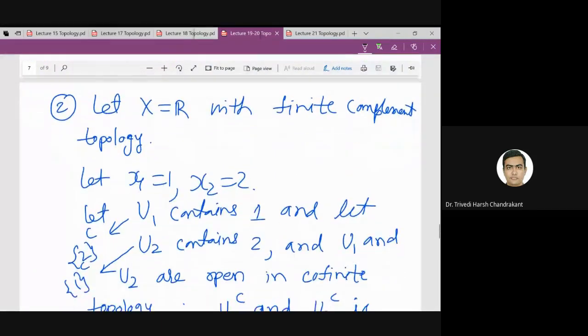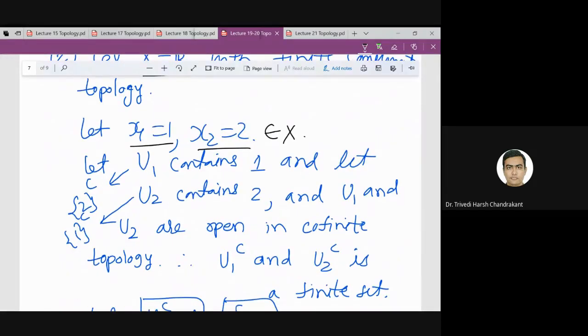But we have seen that if I take X equal to R and on that set I consider the cofinite topology, then if I take two distinct points 1 and 2, which are real numbers belonging to X, I cannot find open sets U1 containing the number 1 and U2 containing the number 2 which are disjoint.